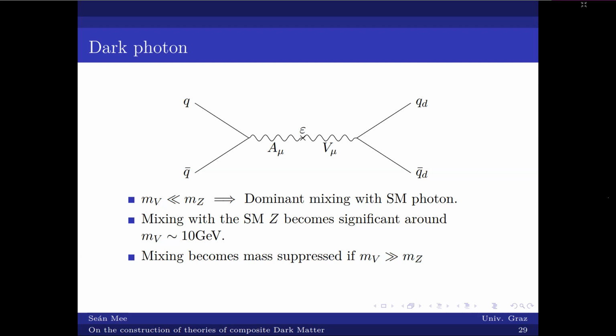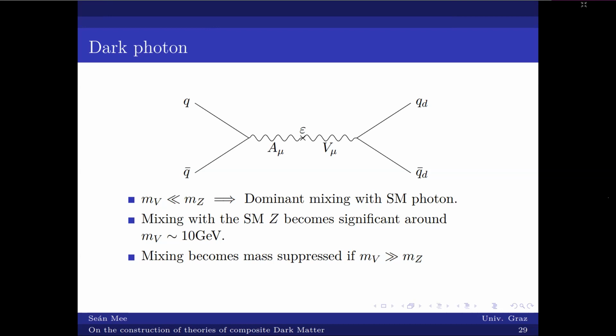But if it's sufficiently small, then we see that the 3 to 2 still dominates. You're right, this sort of coupling introduces a couple of different ways you can get to the relic density. But provided epsilon is less than, I don't know, 10 to the minus 4, it's pretty safe that the 3 to 2 is still dominant.